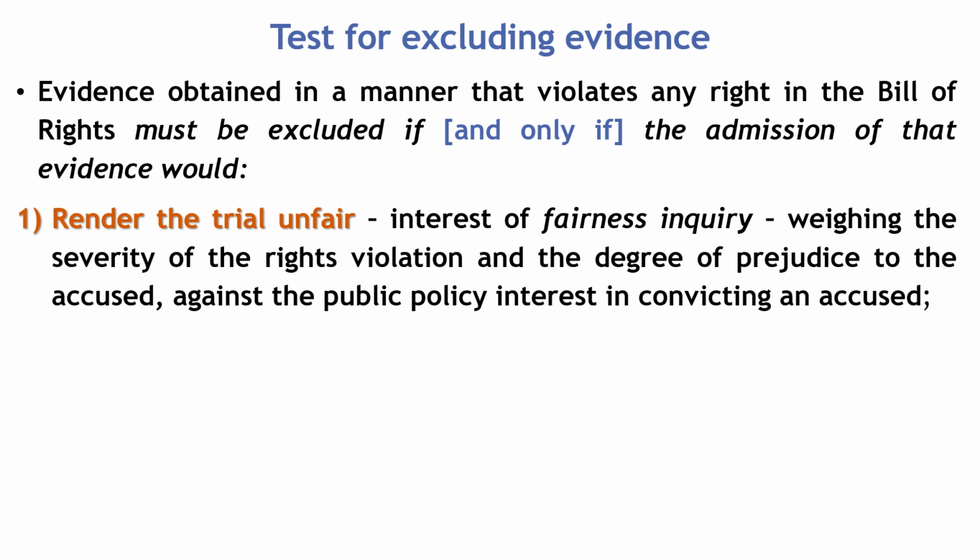The essential practical test requires balancing, on the one hand, the severity of the rights violation and the degree of prejudice to the accused, against, on the other hand, the public policy interests in convicting an accused. The rights violation would be severe where police conduct in obtaining evidence would be considered deliberate or flagrant. A good example: police use torture to obtain a self-incriminating statement from an accused person. That would clearly render the trial unfair.